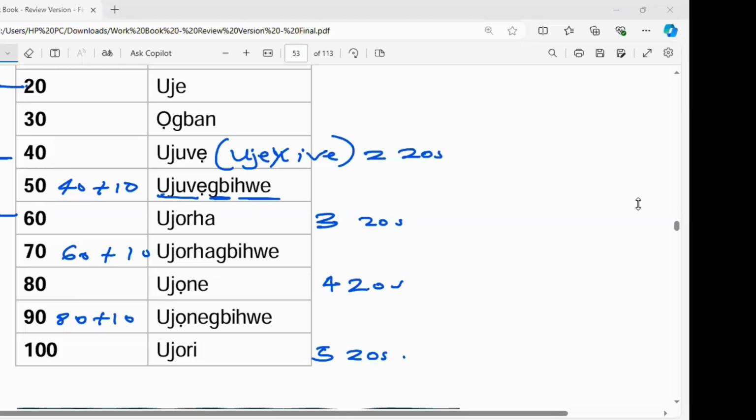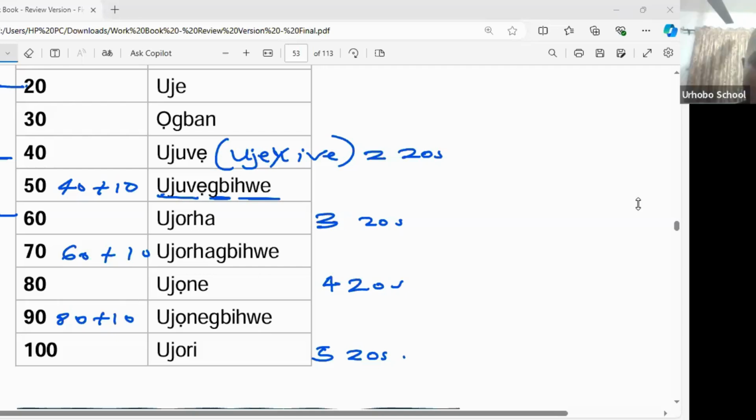Ujuve Bikwe Berere. Yes. Ujora, which is 60.